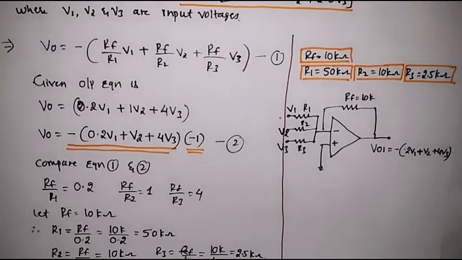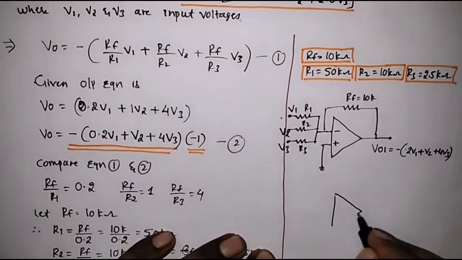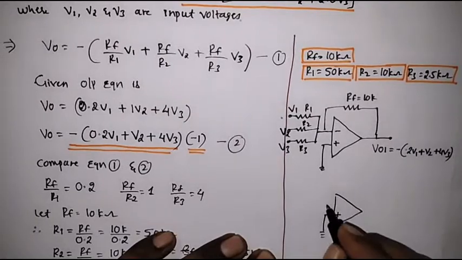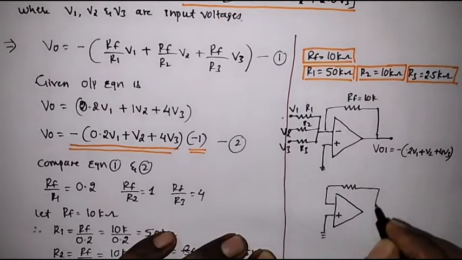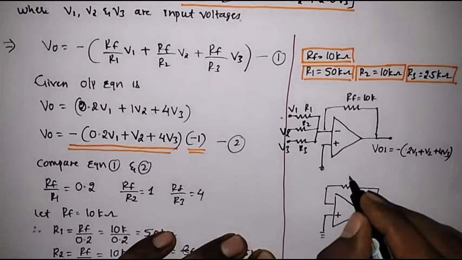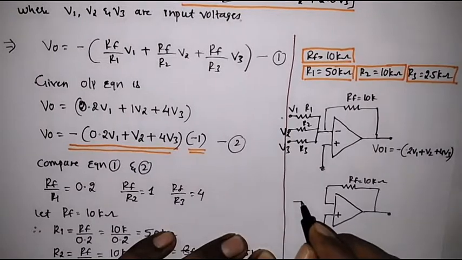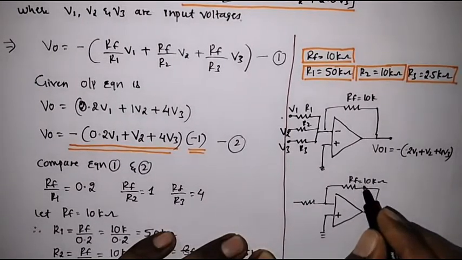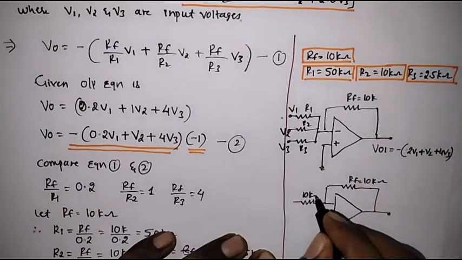So therefore now I will draw the inverting amplifier where non-inverting terminal is grounded and at the inverting terminal we assume Rf equal to 10 kilo ohm, and here we have R1, its value should be equal to Rf, that is 10 kilo ohm, so that we'll get minus 1 gain.